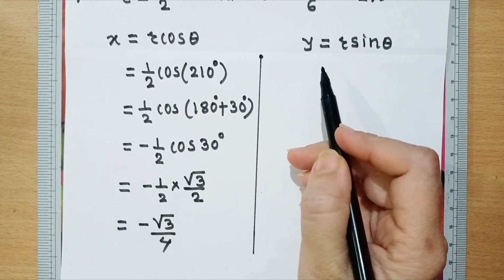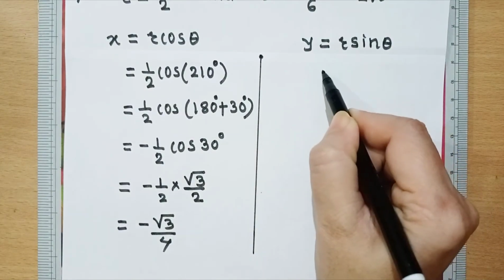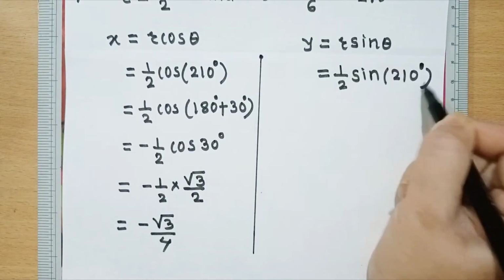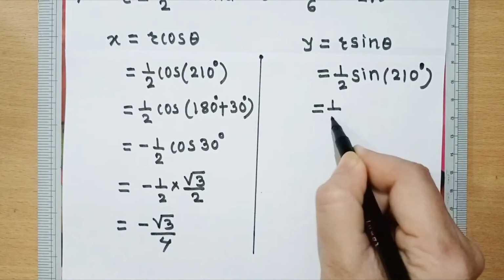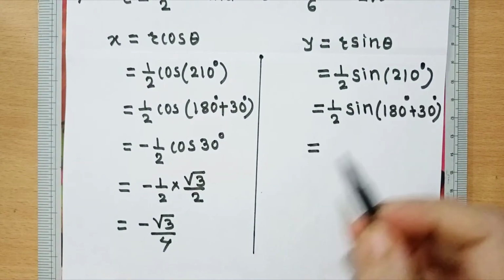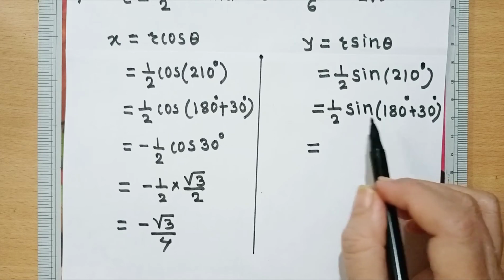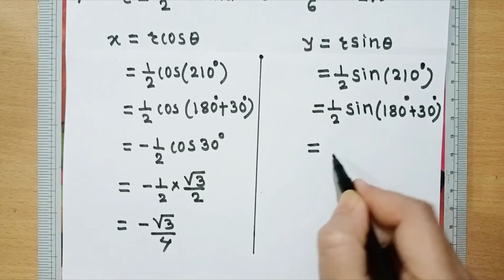Now let's find the value of y. So again substitute here, r is 1 upon 2. Again split this angle, and again this angle is in the third quadrant, and in that quadrant sine is negative.